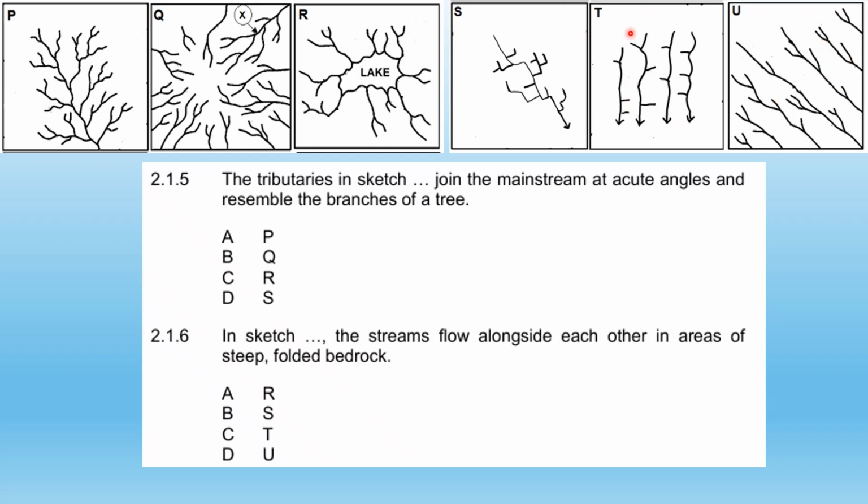However, in sketch T, the trellis stream pattern also resembles streams that flow parallel to each other. So according to the official memo, there were two possible answers that could have been given. So option C and/or option D.